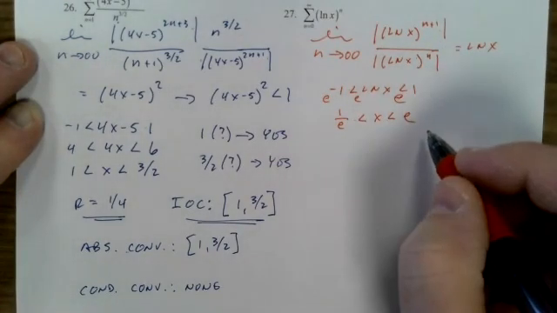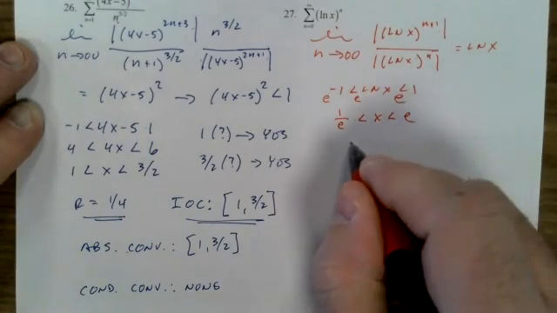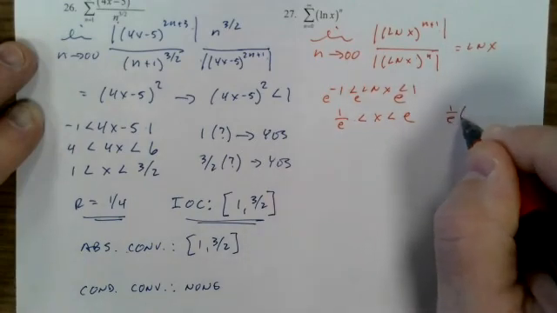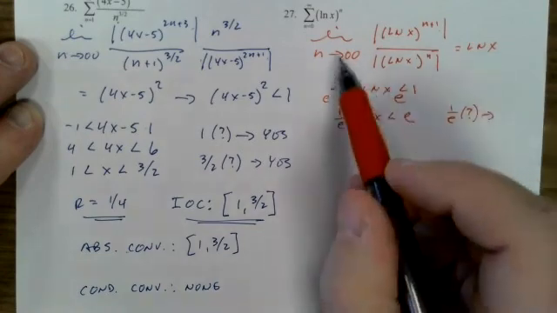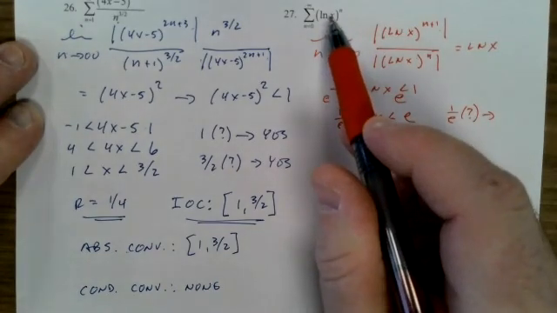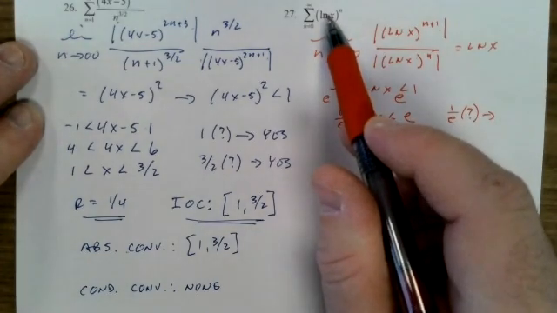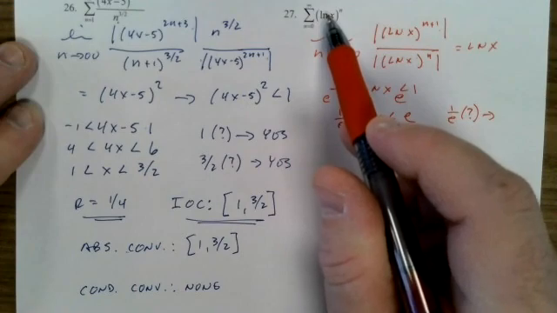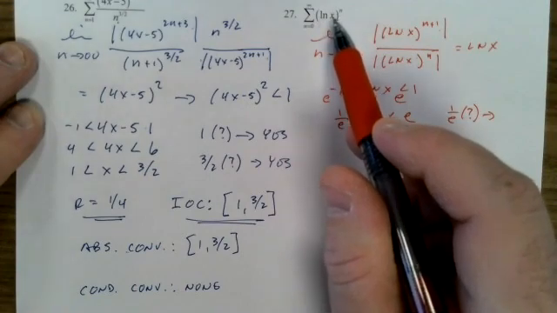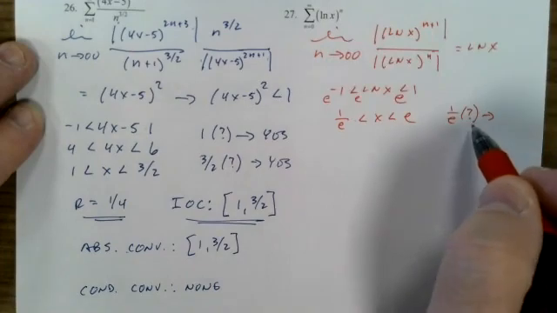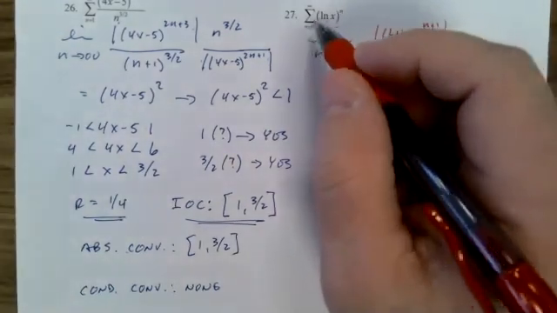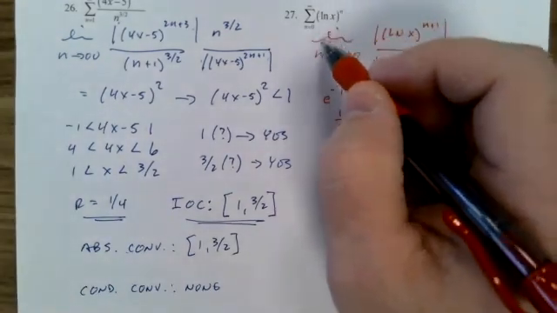Let's check our endpoints. Plug in a 1 over e. We get, I'm so confused. 1 over e. That's e to the negative first. They cancel. I'm left with -1 to the n.